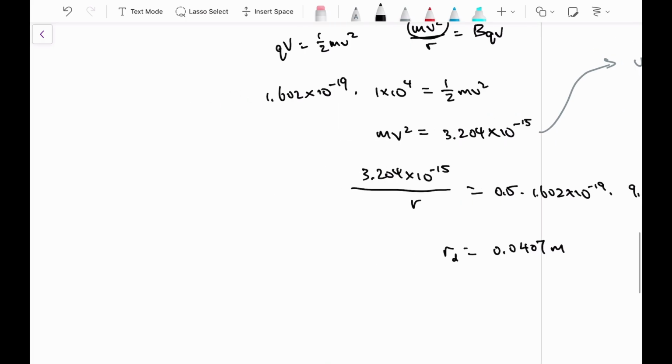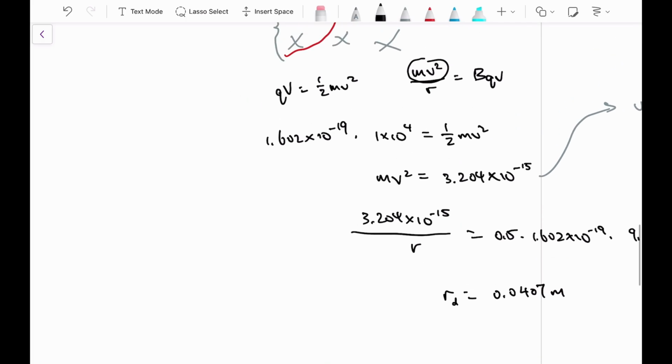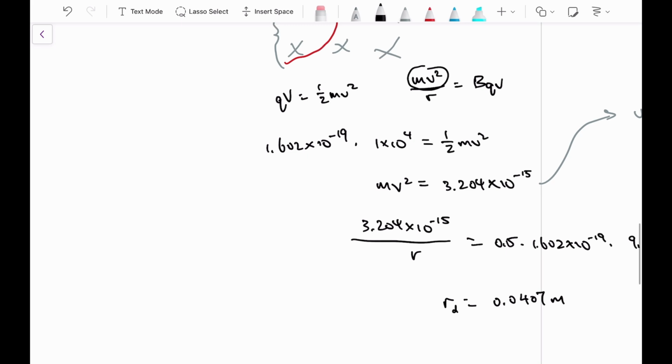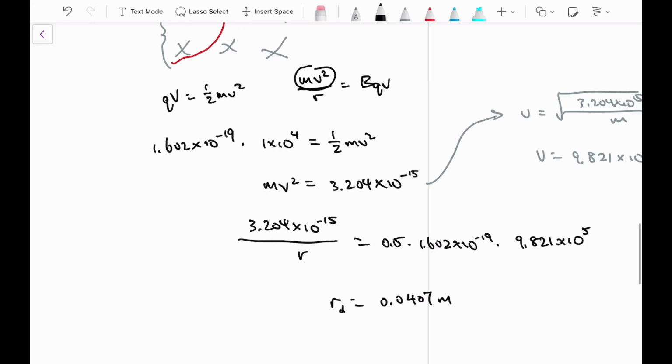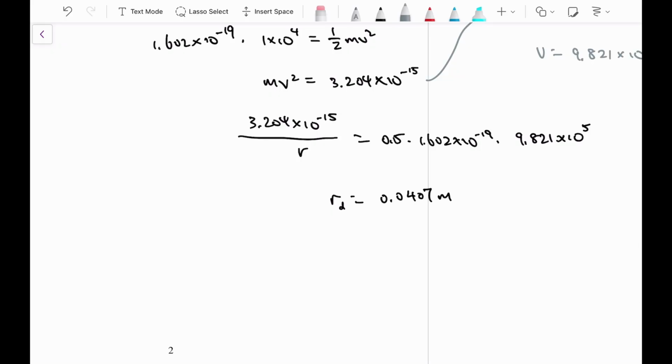And then we can do the exact same thing for the proton. The only difference is just the velocity, so we can use the same half mv squared because they have the same charge. So let's do this over here.